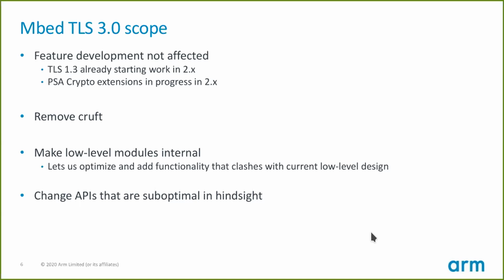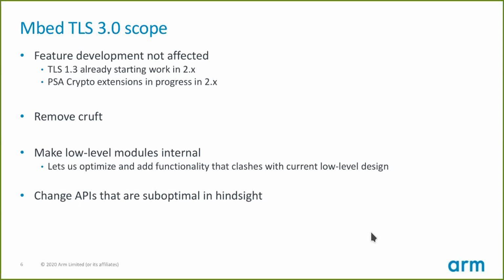The work that has started to upstream Hanno and Hannes's work on TLS 1.3 is starting in 2.x and will not be substantially affected by 3.0. The work to implement the PSA crypto API to extend the API is going on in 2.x and will not be substantially affected by the switch to 3.0.